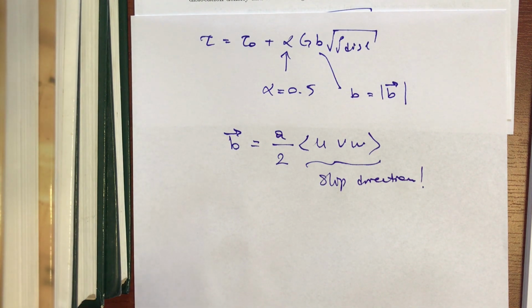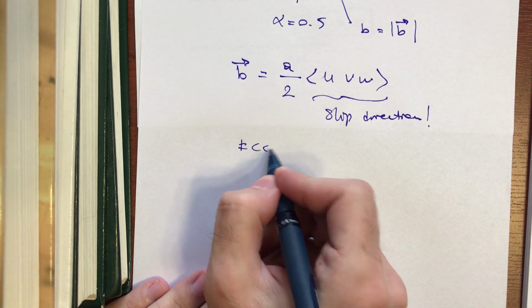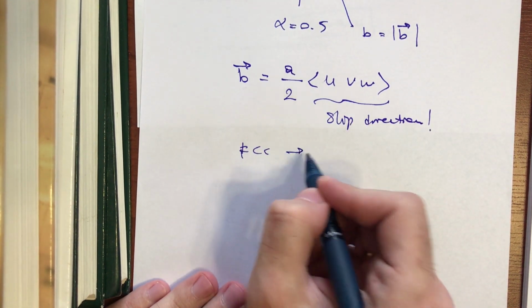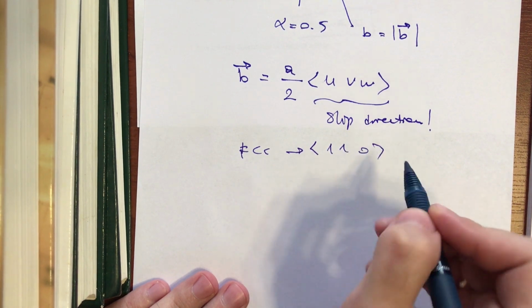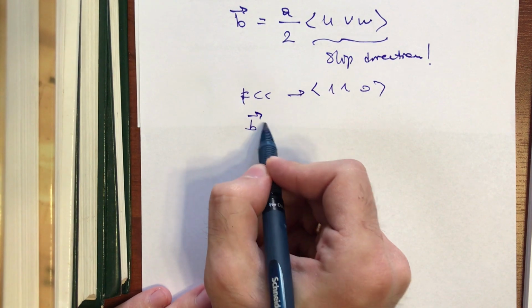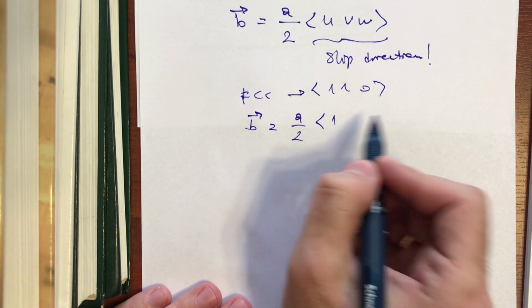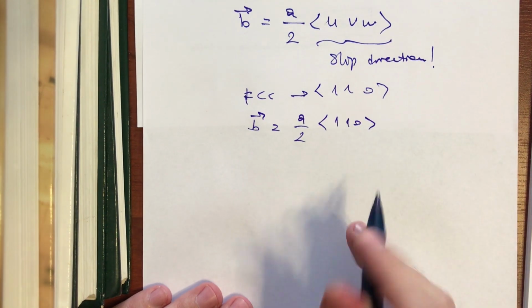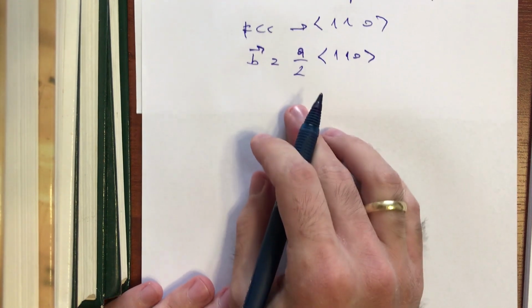For the FCC crystal structure, the most densely packed direction or family of directions is <110>. Then the Burgers vector is a over 2 times the <110> vector, scaled by this scalar.